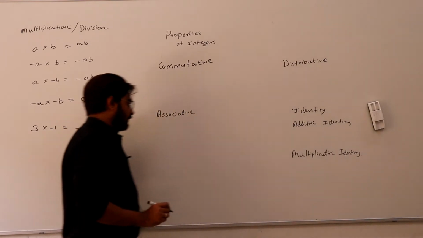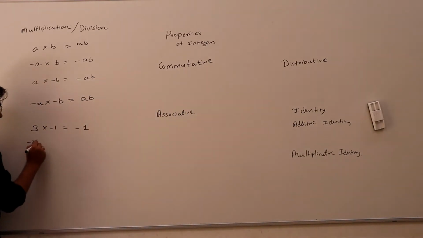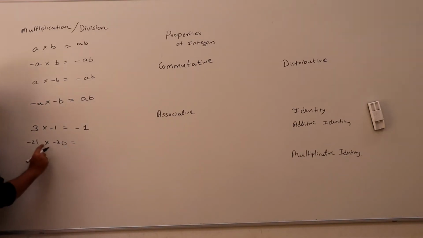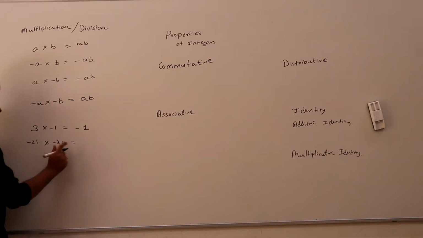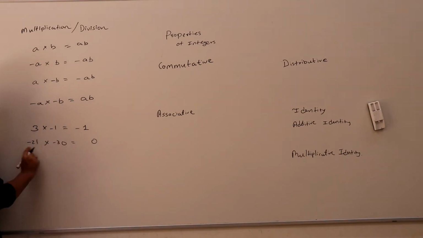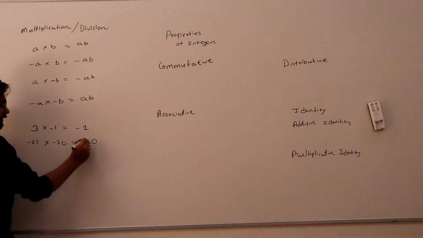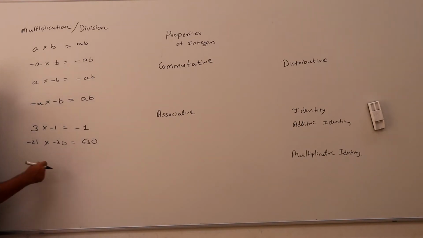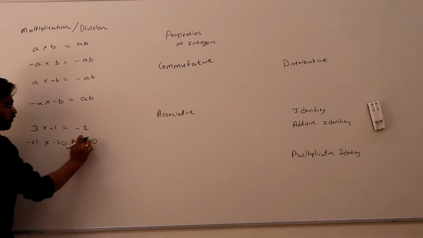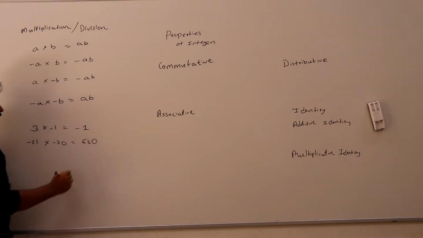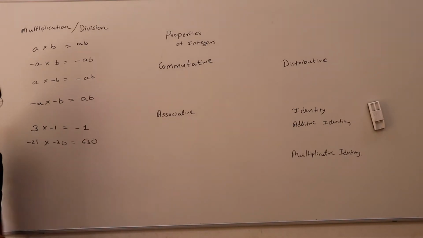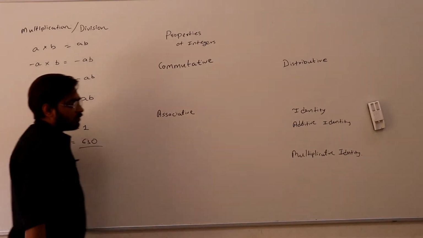Minus 21 multiplied by minus 30. 21 multiplied by 30, 630. Now let us check the sign, minus minus, answer will be plus. So whether you write plus or not, do not write it for that sign, it's by default a positive number, as I had told you.